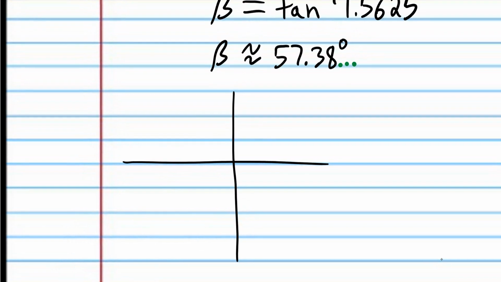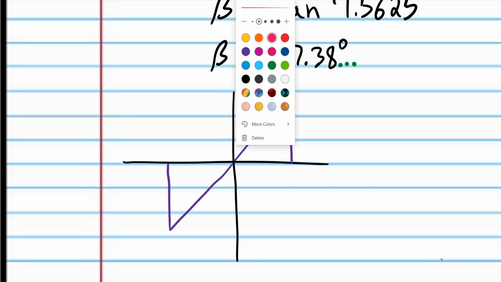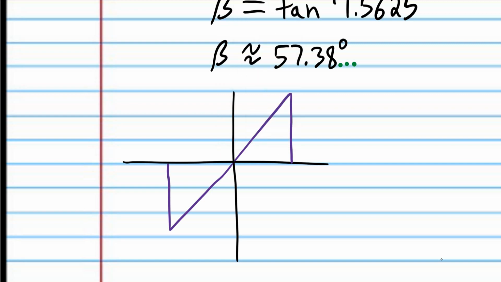So let's draw that triangle here, and we can draw it over here. The reference angle for both these triangles is 57.38 degrees.